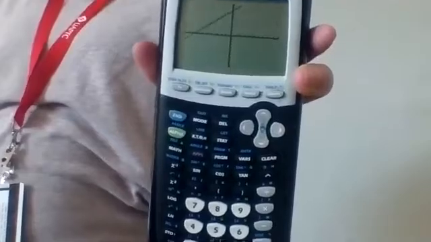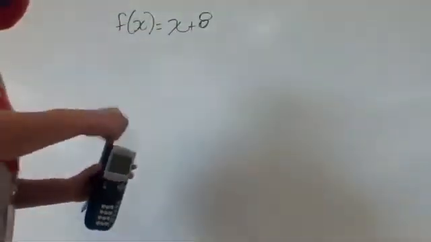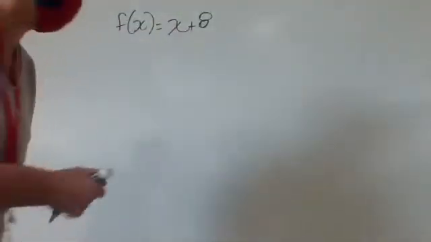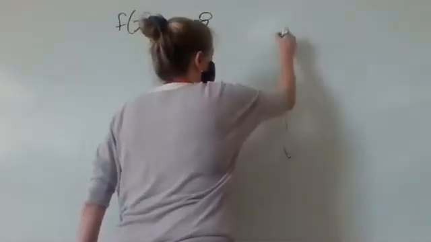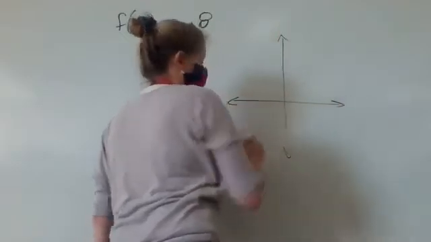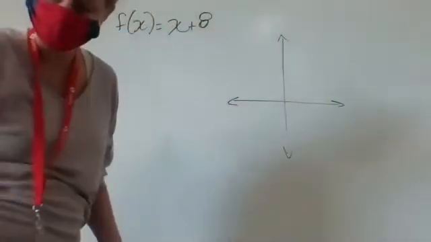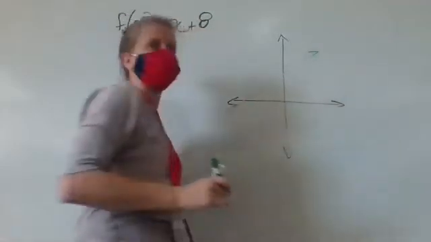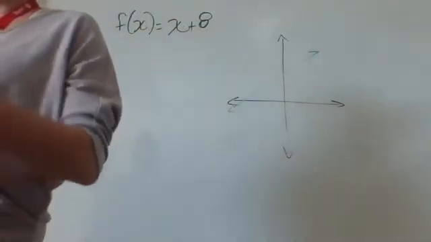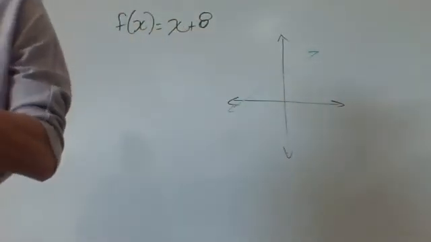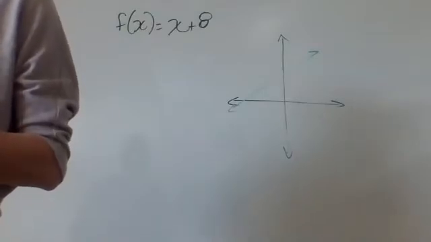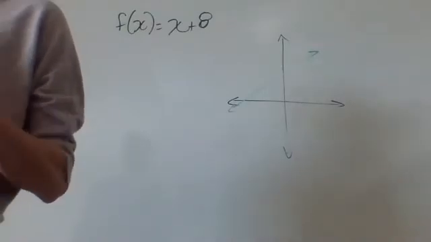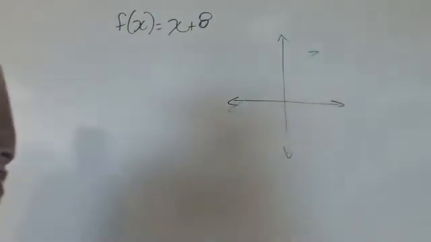Well, it's just a line, right? This isn't exact, but it gets the job done. It looks somewhat like that. Does that pass the horizontal line test? Yeah, it does, which means I can find its inverse.